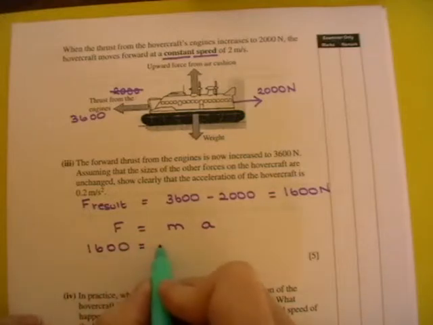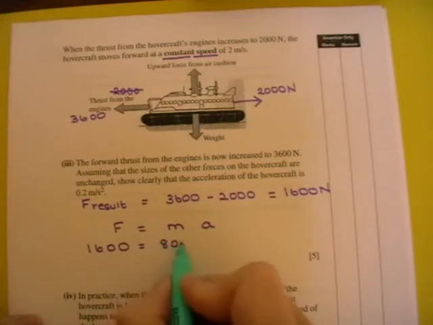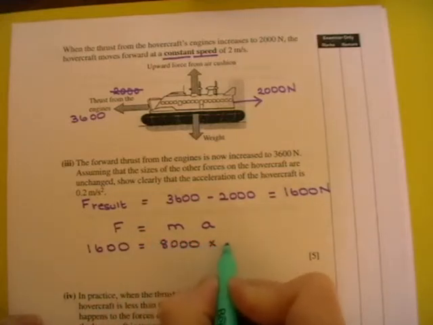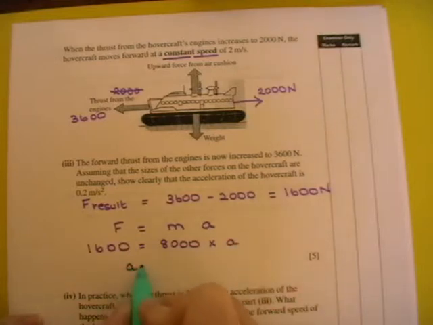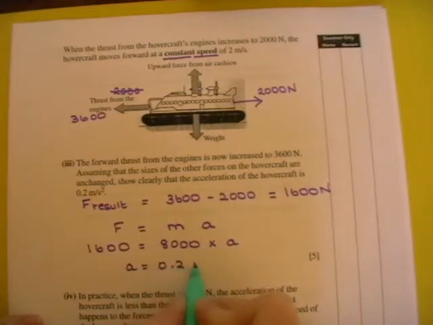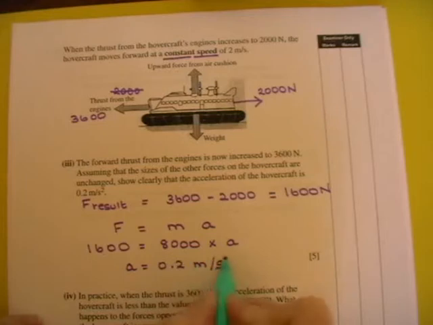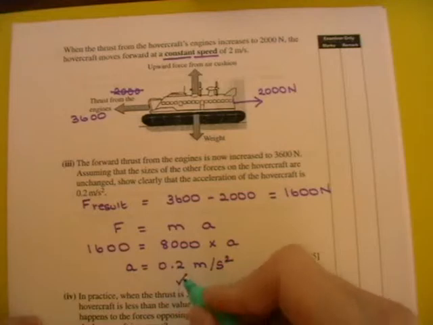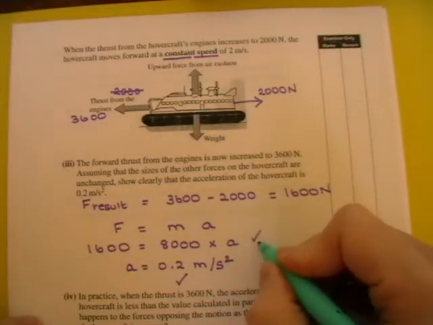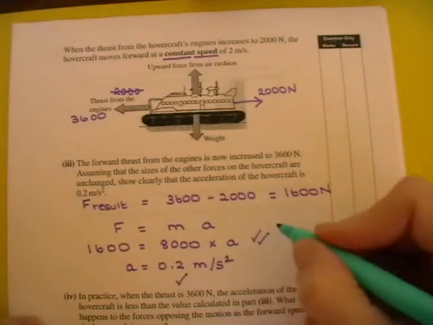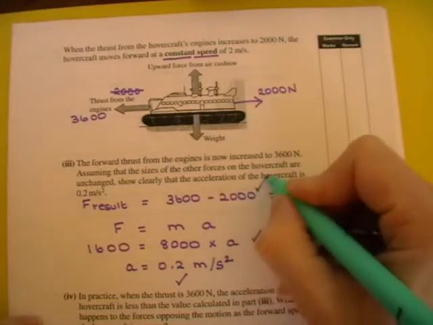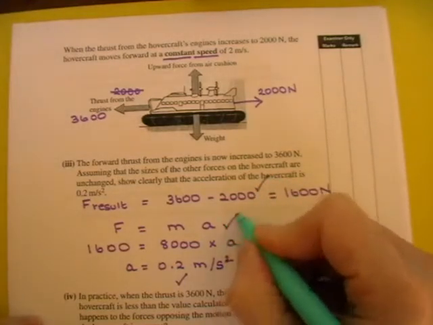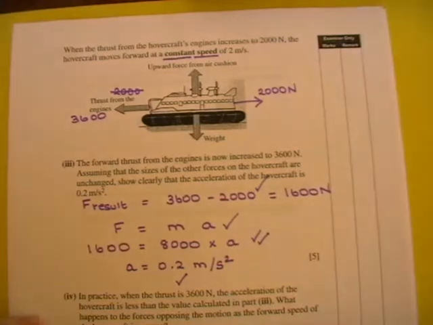And that's equal to the mass, which we are told way back at the beginning of the first question, the mass is 8,000 kilograms or 8 tonnes, multiplied by a. And a comes out as 0.2 meters per second squared. And that's the answer. So 1 mark for this, 2 marks for this part here. 1 mark for recognising that the friction is still 2,000, and 1 mark for F equals ma.